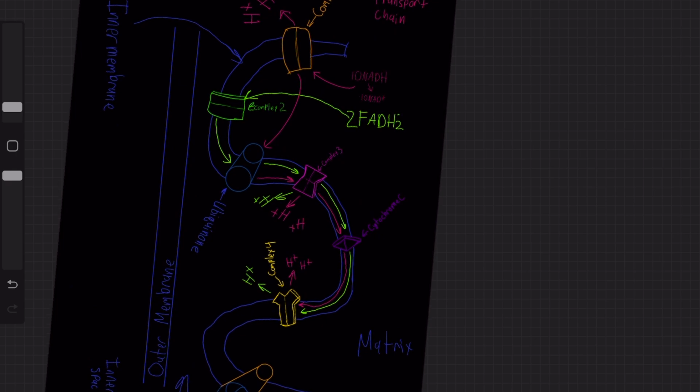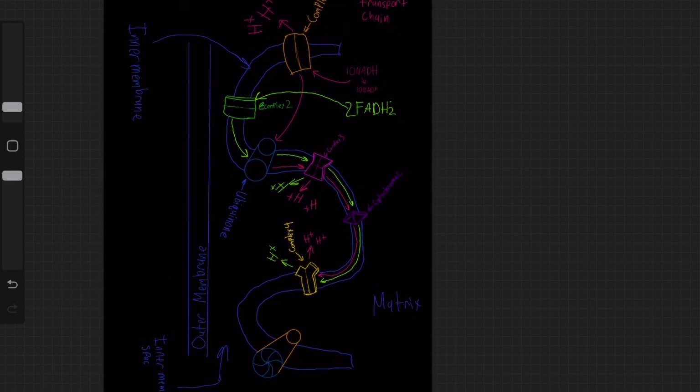So again, the only electrochemical pumps are complex 1, 3, and 4. Those are the only 3 that pump out hydrogen ions, not complex 2.